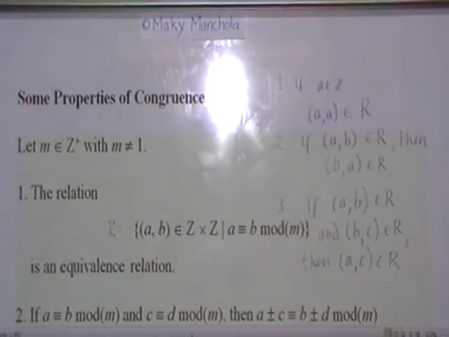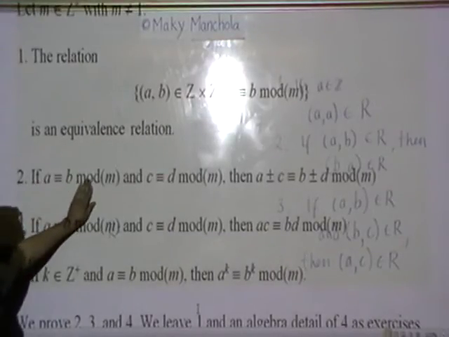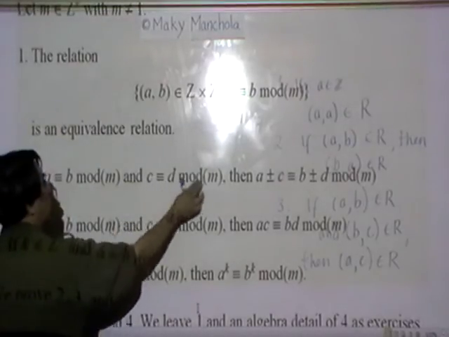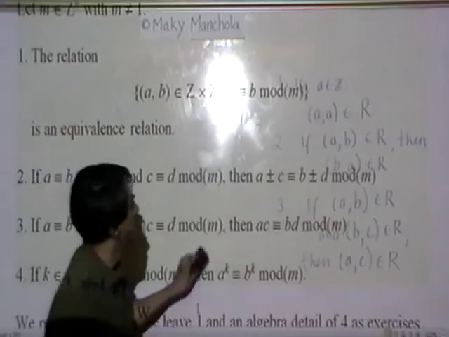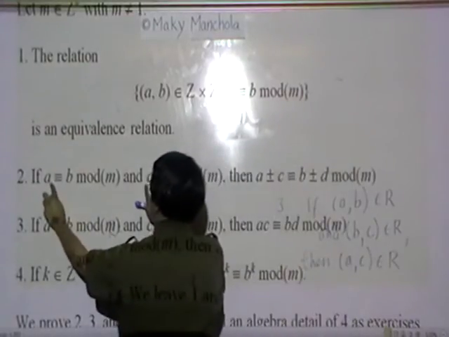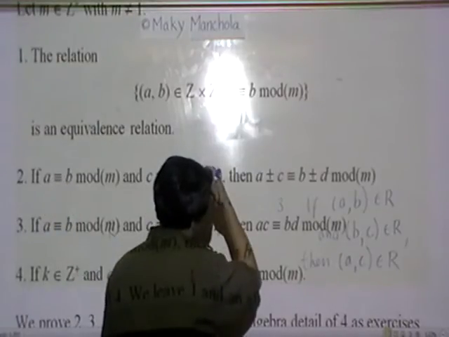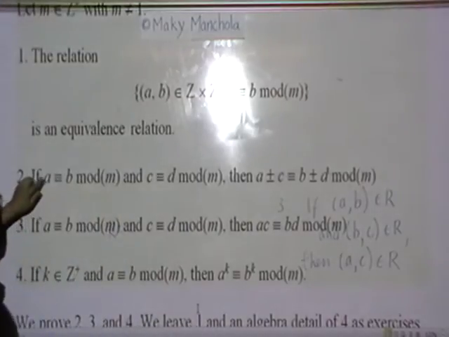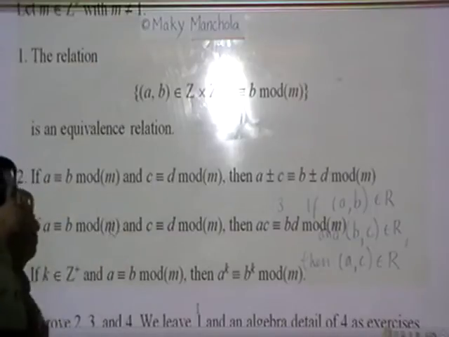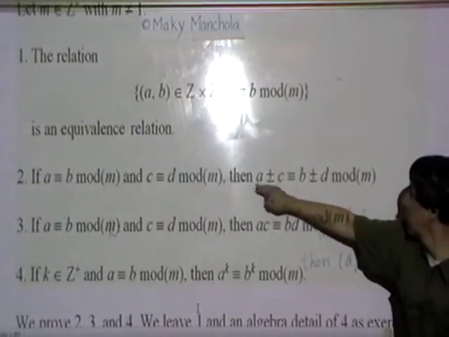Another property. If A is congruent to B mod M and C is congruent to D mod M, then their sum, the sum of A and C, will be congruent to the sum of B and D. Similarly, for their difference, A minus C will be congruent to B minus D. So we're summarizing both results using this notation.